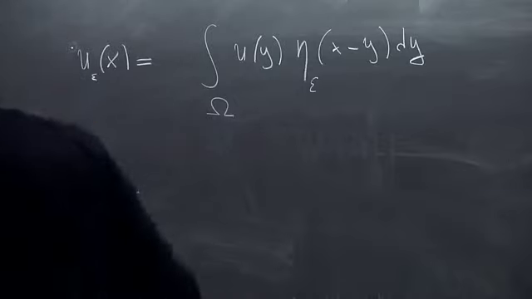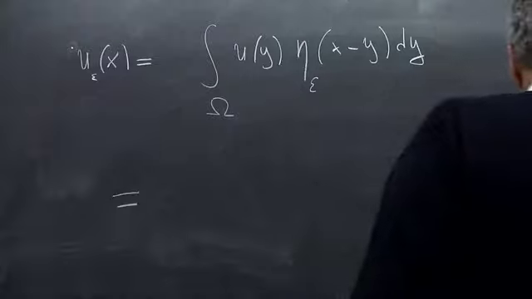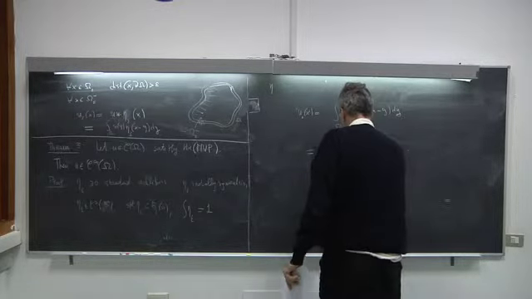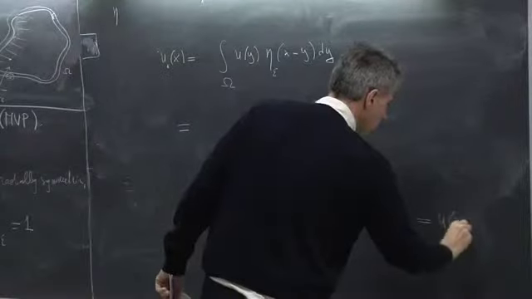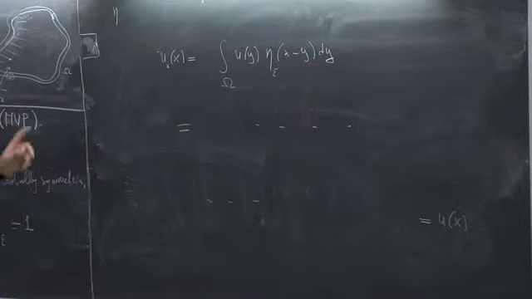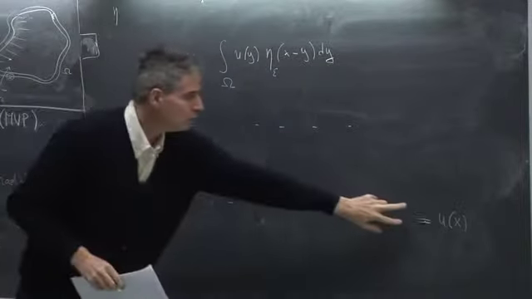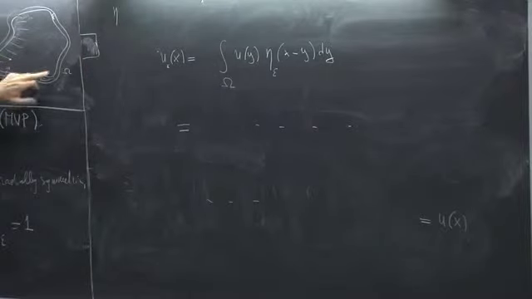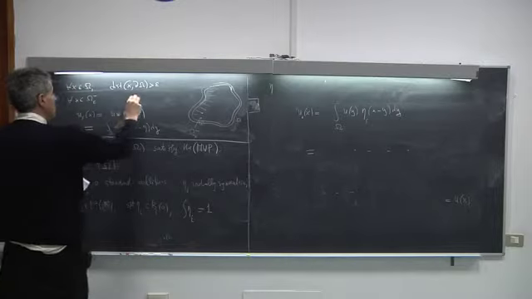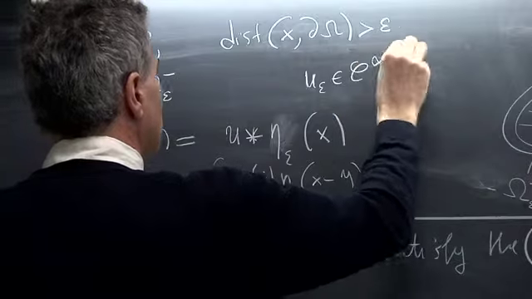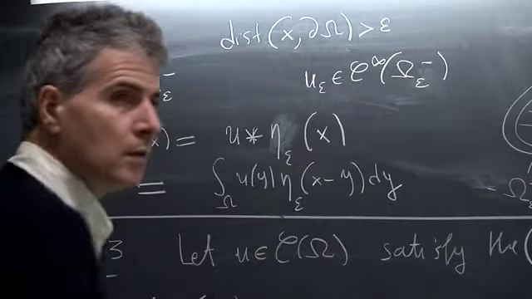At the end I want to show that this is equal to u. If I am able to show that u epsilon is equal to u for any x in this smaller set, then what I have proven is that u is C infinity inside this smaller set, because it is well known that u epsilon is C infinity. This is known.